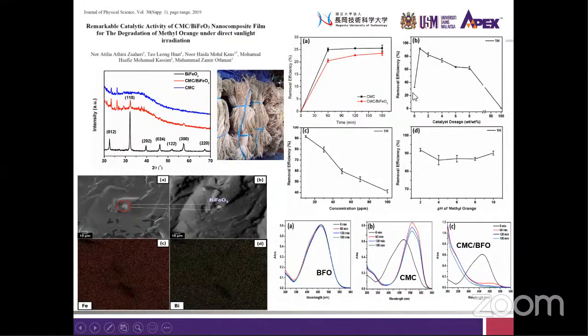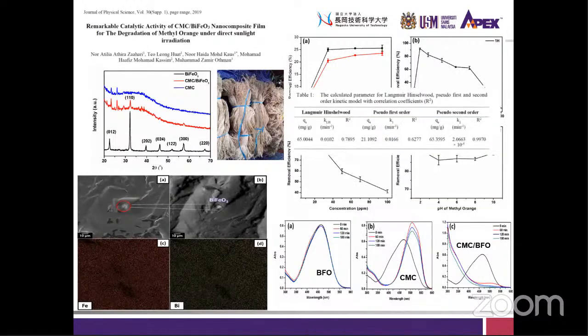But once you expose it to sunlight, it gives good results like this. Within 120 minutes, you can see that with the CMC bismuth ferrite composite, there is good degradation.